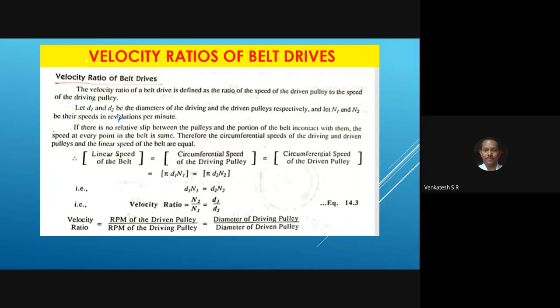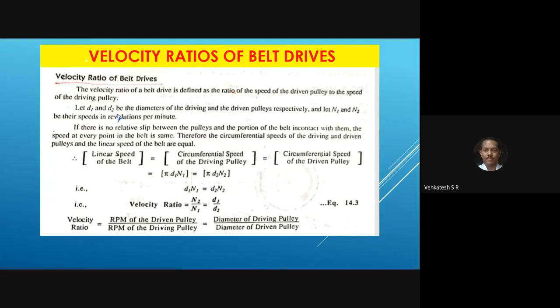See, all of you listen here carefully. The velocity ratio, this is very, very important for an engineer. The velocity ratio is the ratio of the speed of the driven pulley to the driving pulley. That is in RPM, revolutions per minute. So for this you require the diameter of the driving pulley and the diameter of the driven pulley, that is D1 and D2.